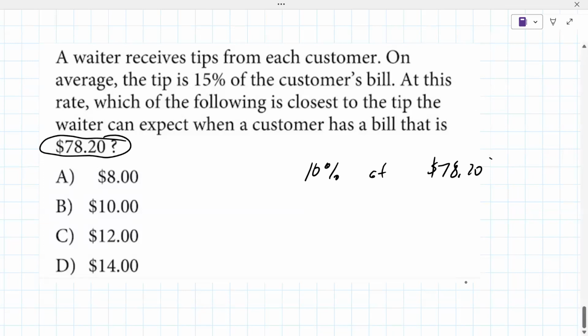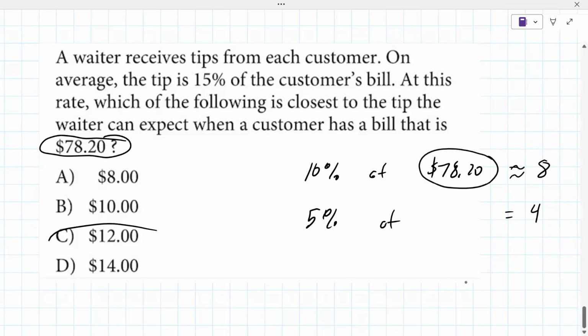Okay, what is 10% of 7820? Let's just say, what is it roughly? It's $8. And then 5% would be, oh, okay. I didn't round. So it'd be 12. Okay, good job.